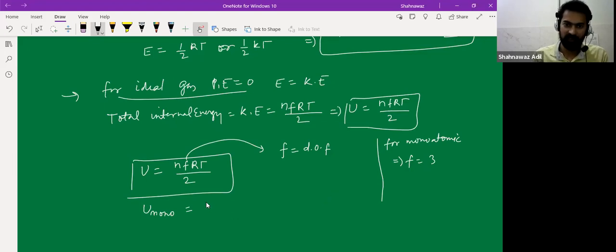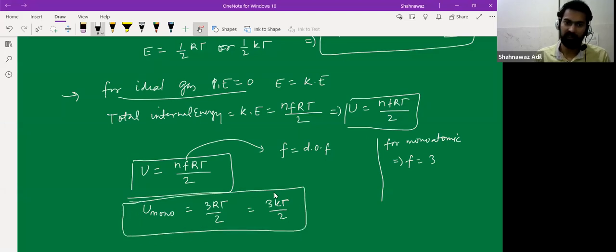So this will be 3RT by 2. Write it as 3kT by 2 for each molecule. This is similar to what you have learned in your chemistry classes, 3kT by 2 for monoatomic gas. Understood this part?